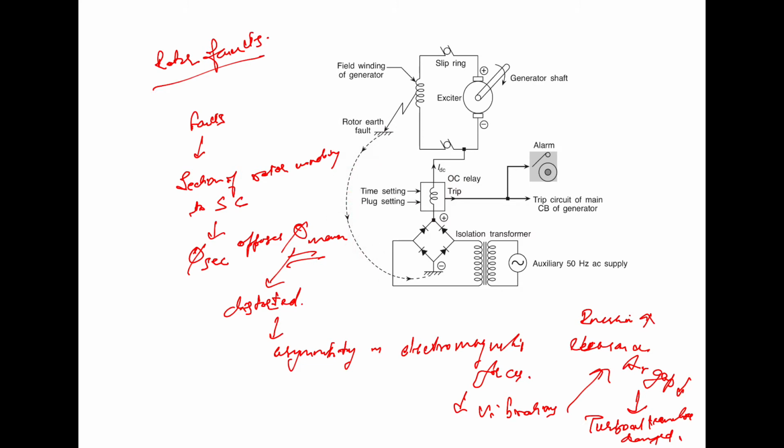So whenever the fault is there, since this part is also grounded, the current would flow through it, and as a result it will trip the overcurrent relay. So this is about the rotor faults.